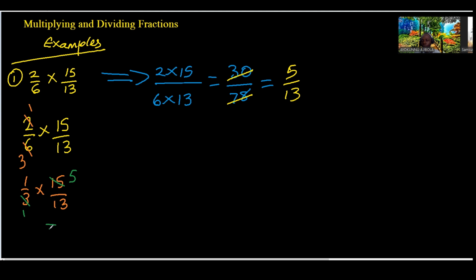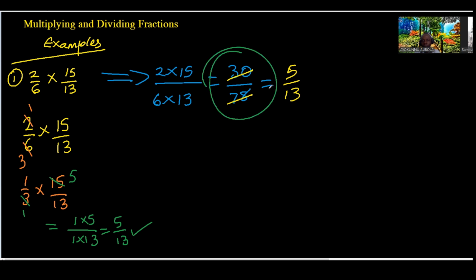So finally I have 1 times 5 over 1 times 13, which becomes 5 over 13. Is that clear? So instead of getting a bigger number that I will need to reduce to the lowest form, why not just cut it down and get your answer without having to multiply and reduce anything.